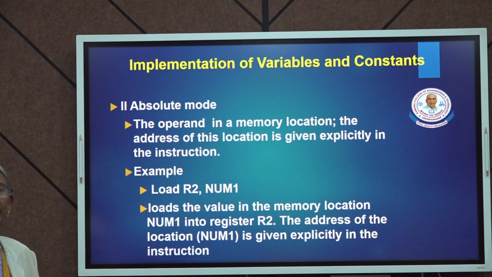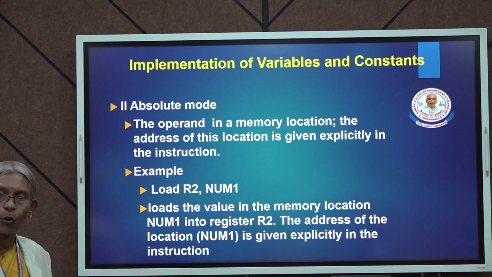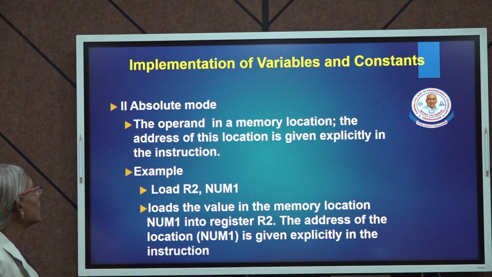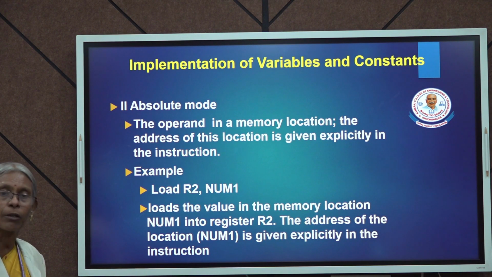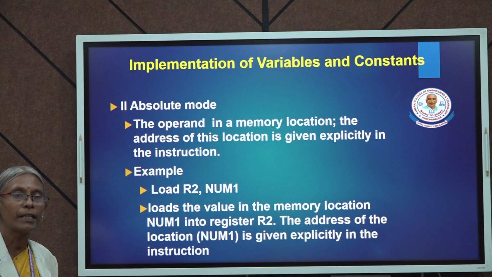The second one is absolute mode. Here the operand is stored in the memory, and the address of this particular location is given explicitly in the instruction. Let us see one example. Load R2, NUM1.